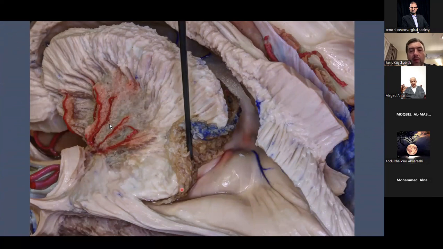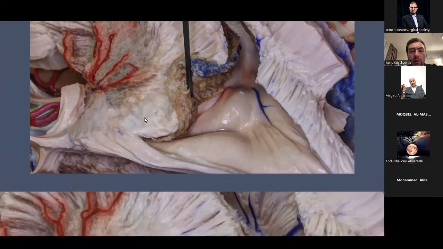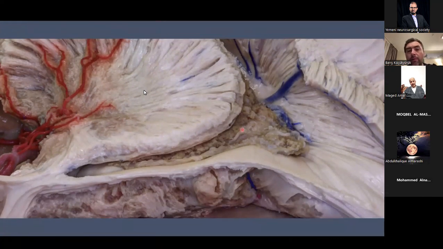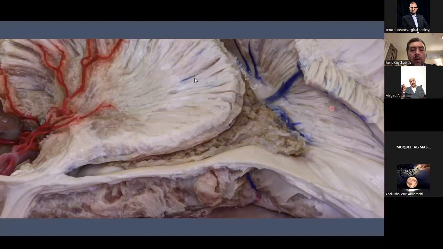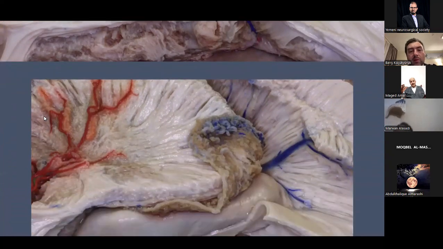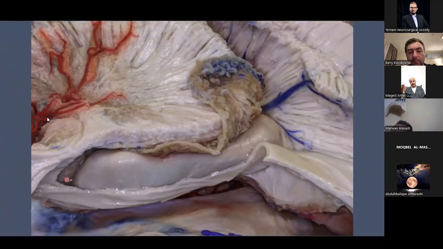I elevated it to see the tail of the hippocampus here. And I removed all the Meyer loop fibers to see the temporal horn all the way from anterior to posterior. And then we begin to see the amygdala very anteriorly.